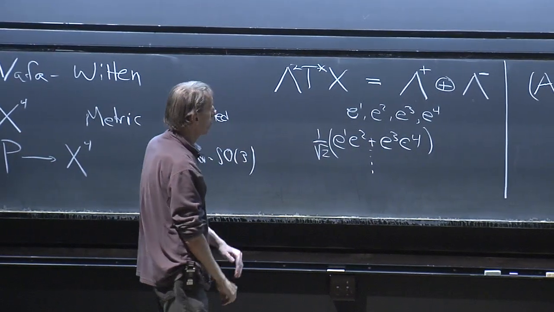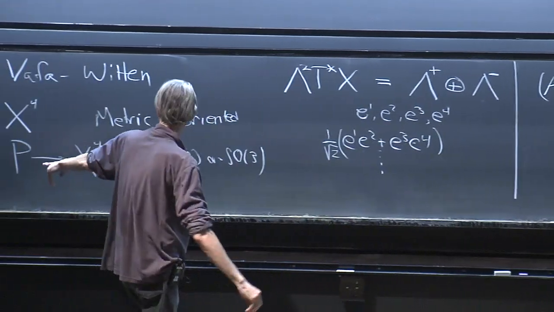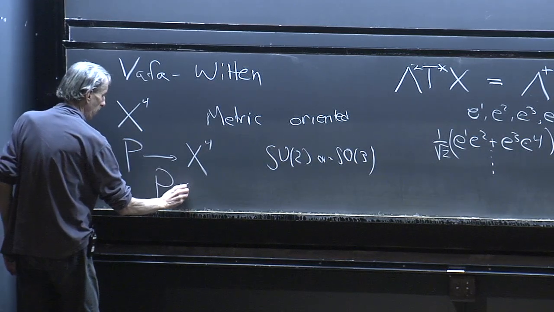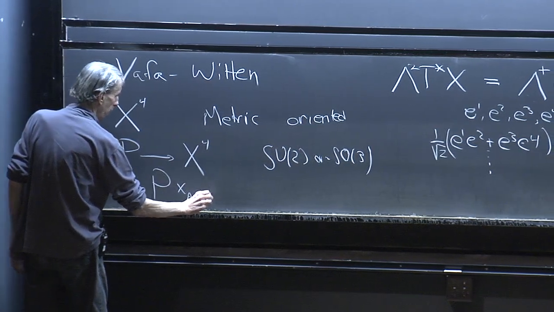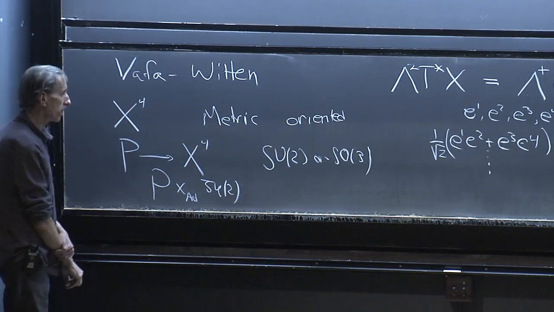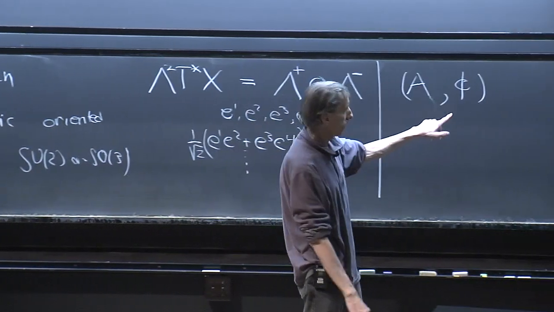It's a self-dual 2 form with values in the bundle associated with the Lie algebra of SU2. So we have the bundle quotient by the adjoint action on the Lie algebra. So it's a 3-dimensional vector bundle, and phi is a self-dual 2 form with values in that bundle.